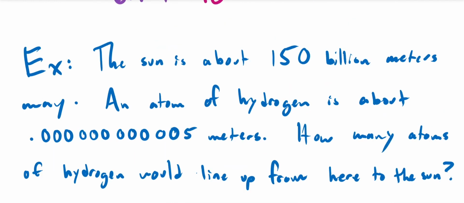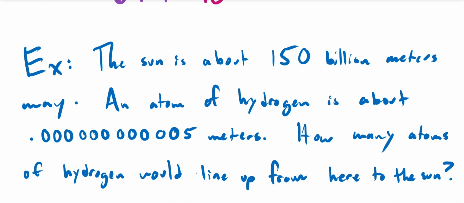Scientific notation, and doing multiplication and division with scientific notation, is often used by scientists when they deal with large numbers or large and small numbers. So say, for example, here's a fun problem. The sun is about 150 billion meters away.